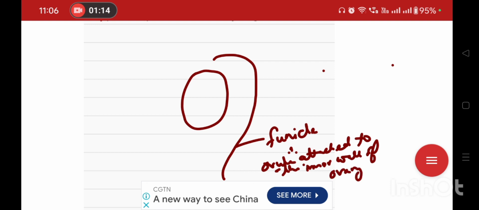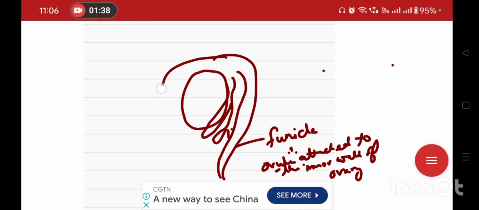Now let's move to the diagram. Let me complete the stalk. This is the stalk. Now this type of structure is there. These are the layers of covering, two layers. It may not be so perfect as we draw with the pencil.